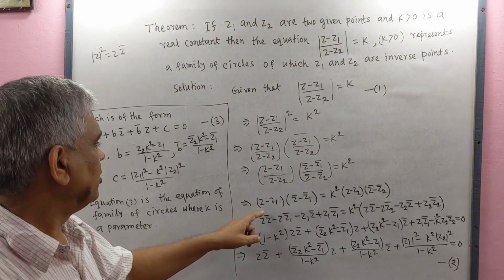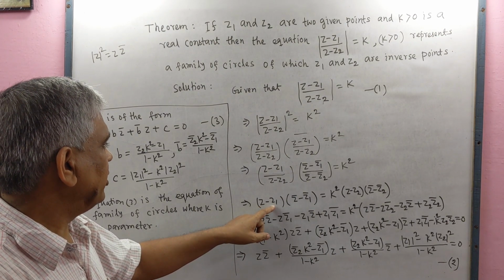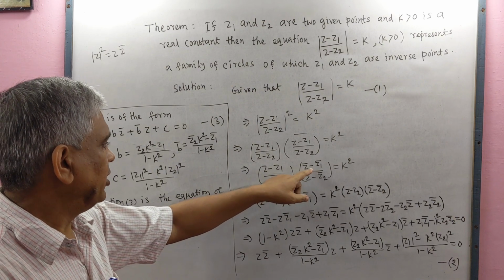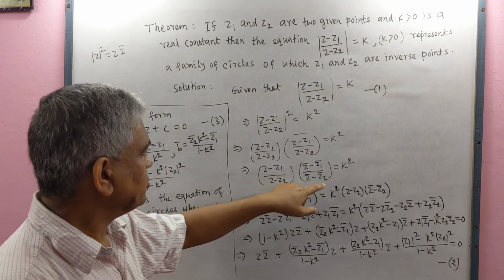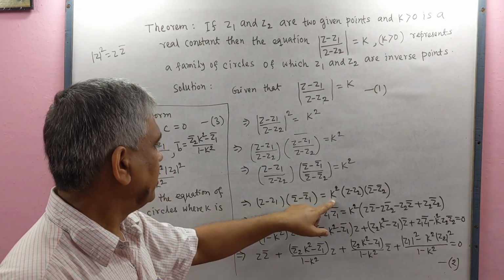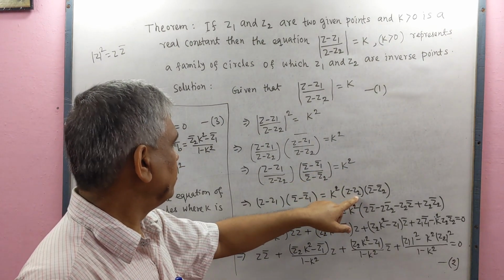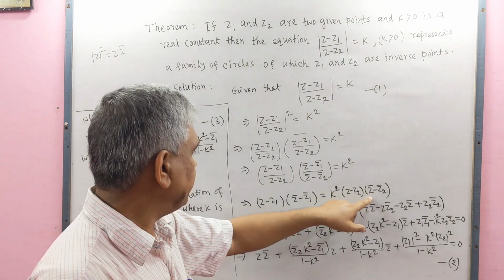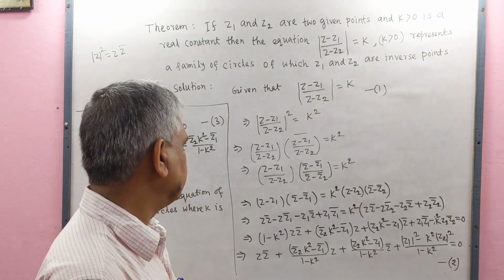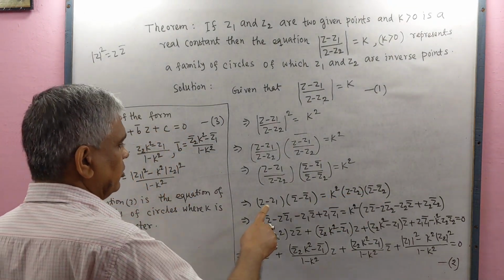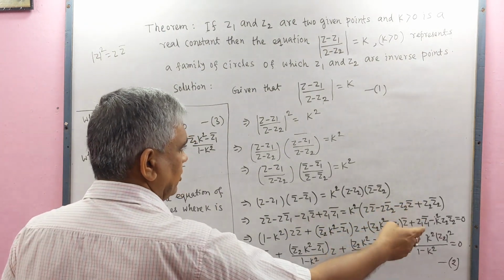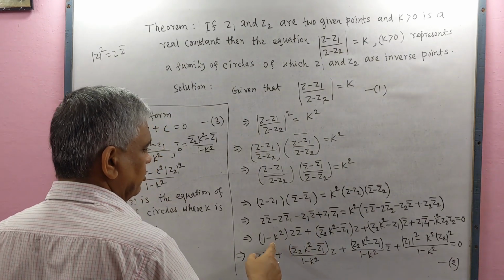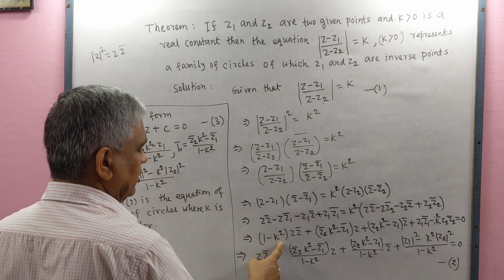Implies that Z minus Z1 multiplied by Z bar minus Z1 bar, and this goes right side, k square Z minus Z2 multiplied by Z bar minus Z2 bar. Now multiplying we get this result, and taking all in left side we get this result.